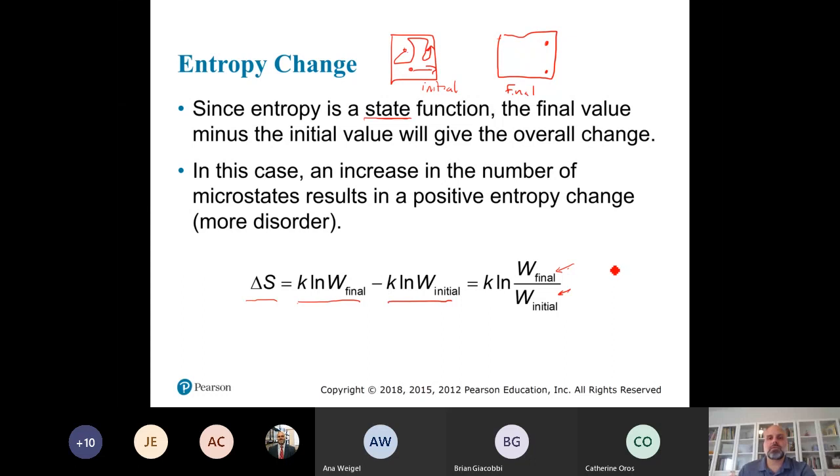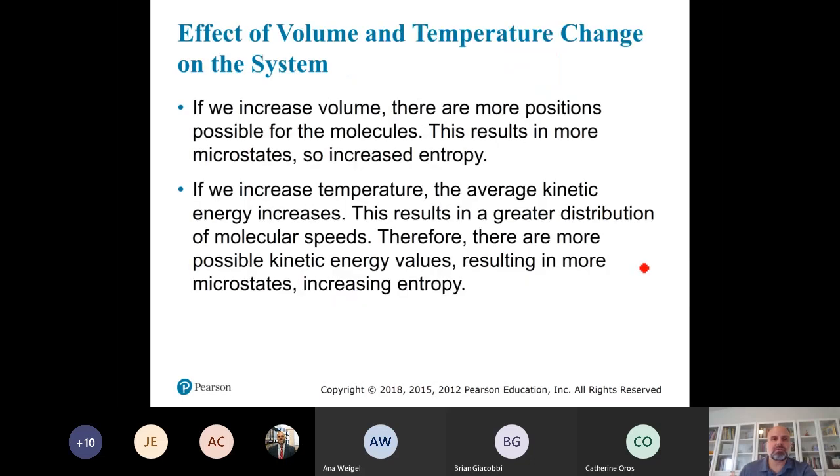So this is just giving us a big picture of what's going on for entropy. This isn't something that's typically measured on a regular basis, right? We can't usually measure the number of microstates in any particular fashion. So we have to think about it in terms of volume and temperature changes on the system.